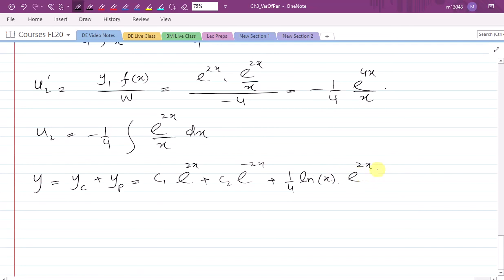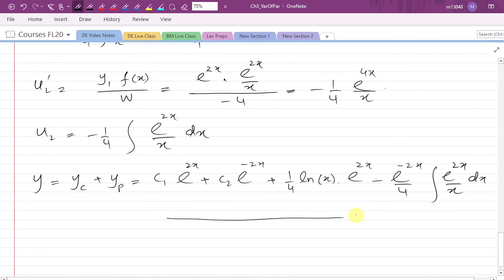Don't cancel log and e, they are multiplied here. Plus u2 y2. Well, u2 is an integral. There is nothing we can do about it. I'll write the other part first. E raised power minus 2x divided by 4 integral e raised power 4x over x dx. Yes, we will use the integral as it is in the answer because we do not know the answer to it.